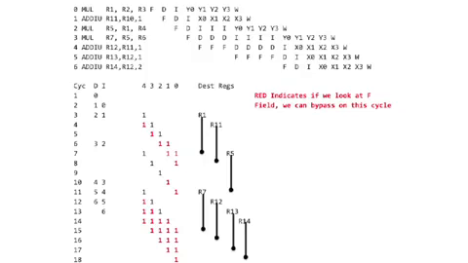OK, so let's look at our first real read-after-write dependence. Here we have a multiply, which is dependent on R1. As you can see, that instruction is going to sit in the issue stage until that value is available, then it gets bypassed down here into the issue stage, and then that instruction can issue.